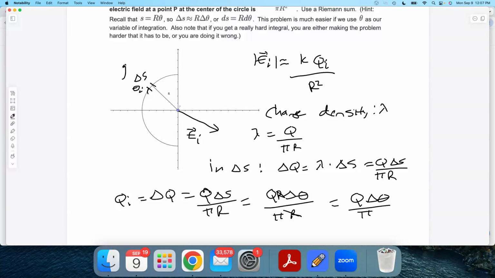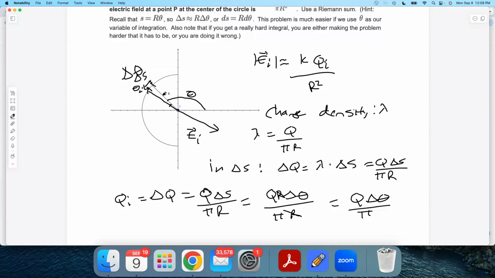So I've got some little delta theta here that is this change in angle, and theta is this angle here from the x-axis. Now we're going to be using sines and cosines in a second. This is where people get this problem wrong: they'll try to call this angle inside here theta, and they'll measure from the y-axis.